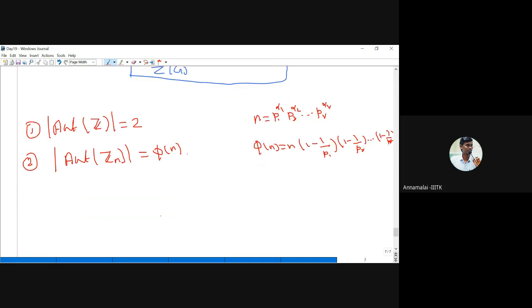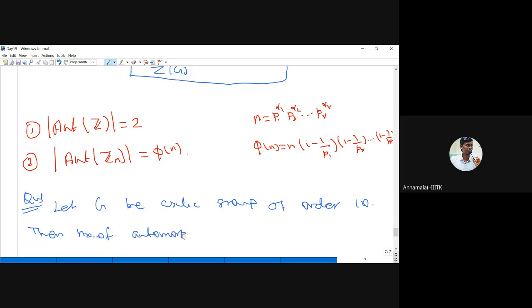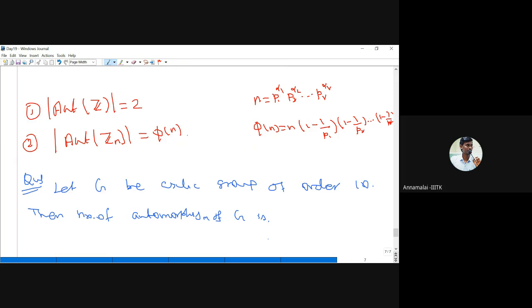Suppose the question may be like this: let G be a cyclic group of order 10. The number of automorphisms of G is, they will ask.